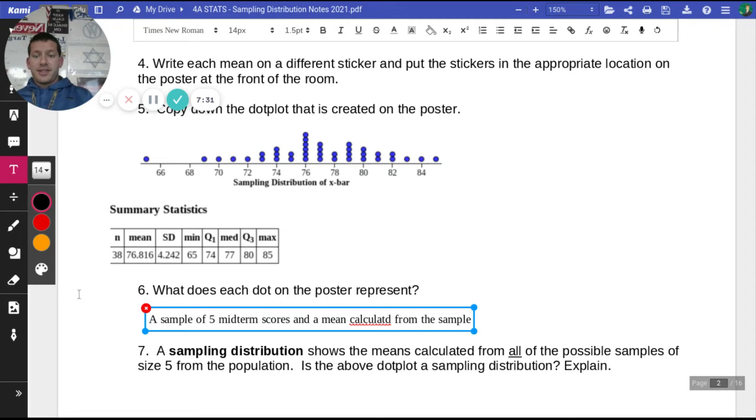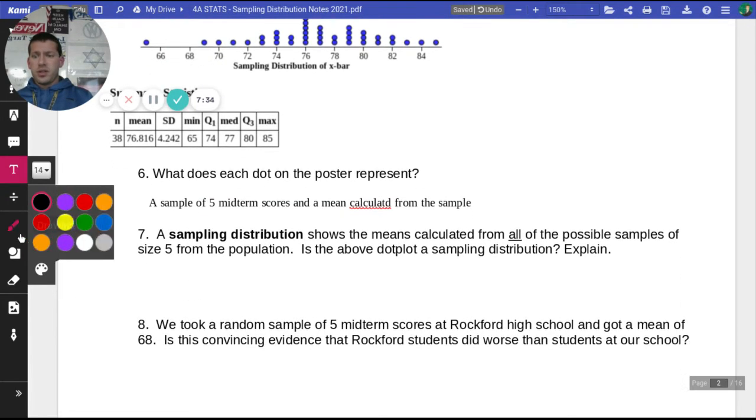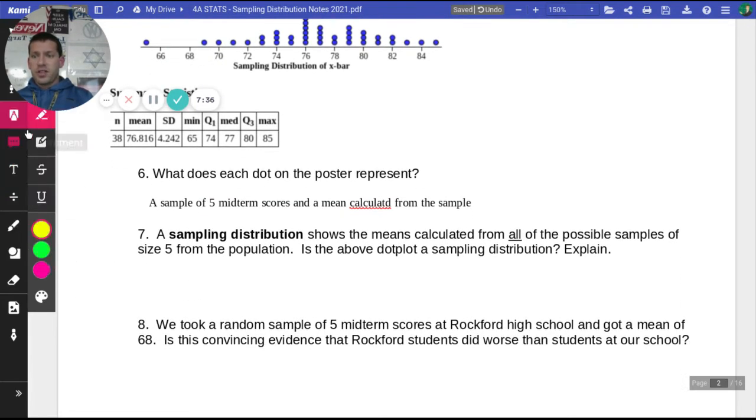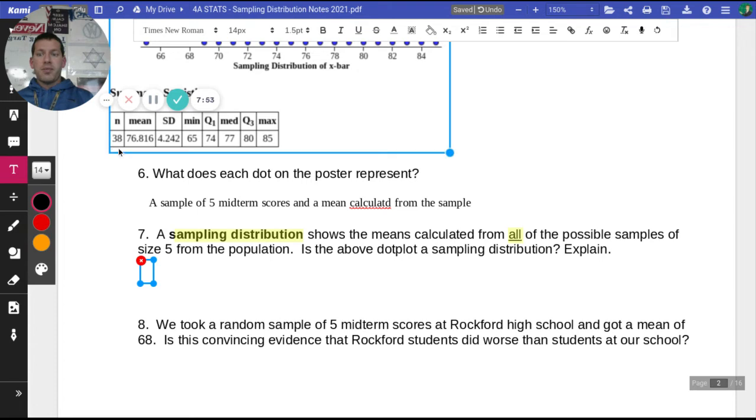So a sampling distribution, one of the topics today, shows the means calculated from all of the possible samples of size 5. Is the above dot plot a sampling distribution? Well, we didn't really choose all of them. There's many more than just 38 different samples of size 5.